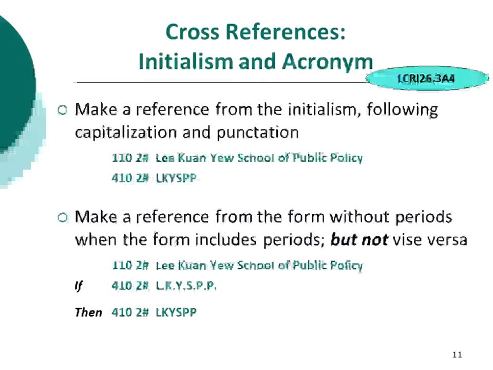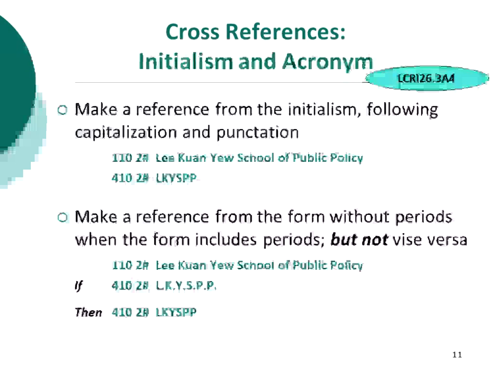All right, moving on, cross-references from an initialism and acronym. When a heading or a reference consists of an initialism or acronym, we make a reference from that initialism, but we do follow capitalization and punctuation. Look at our example here for Lee Kuan Yew School of Public Policy.